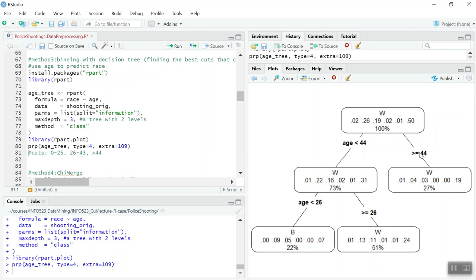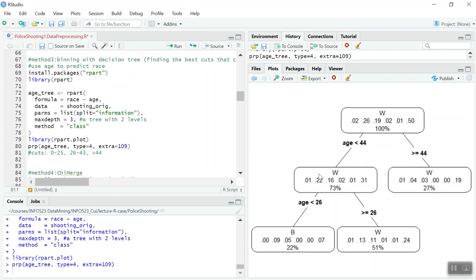Age greater than 44 covers the remaining 27%. And here the race distribution looks like this. We can see white people are dominant. So for age greater than 44, the vast majority of the victims are white. Age younger than 44 are still mostly white, and white still has the most prominent distribution.